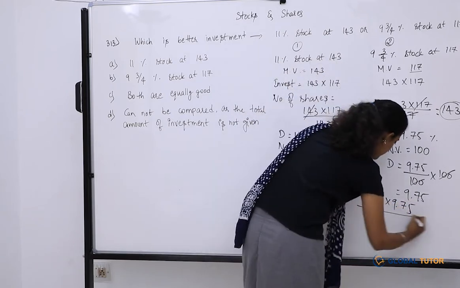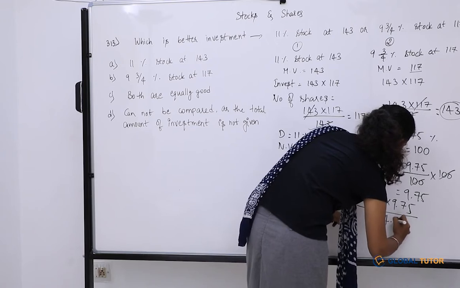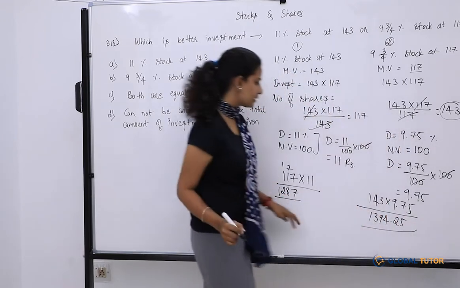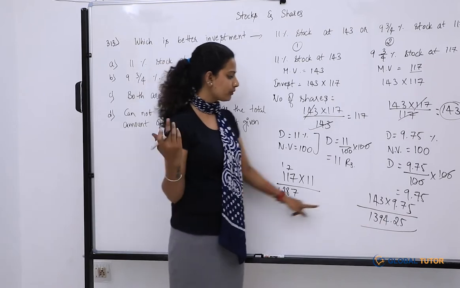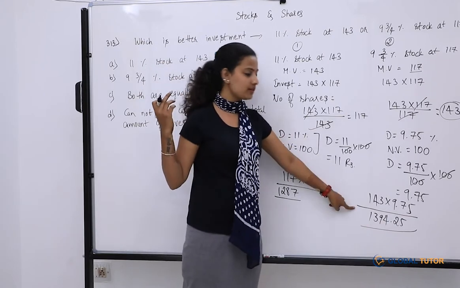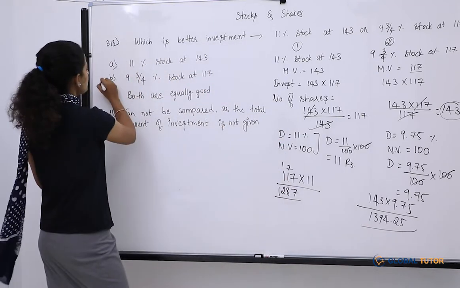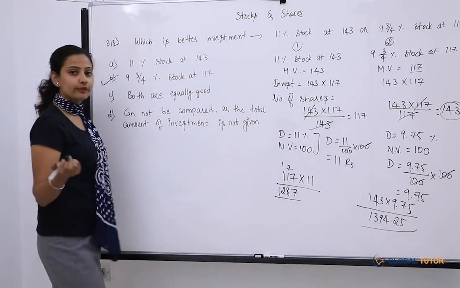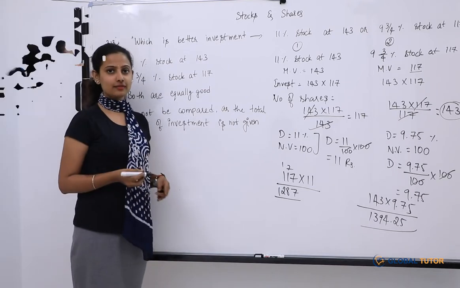So, when you calculate this, you get 1394.25. So, when you compare these two, it obviously shows very well that the second option, second investment is a better investment. So, option B, 9 3 by 4% stock at 117 is the right answer.